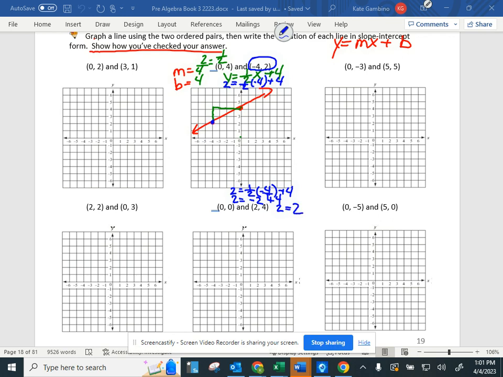That's all you have to do is to show me how you checked it. You take the ordered pair that's not the y-intercept, plug in the x and the y into your slope-intercept form, and solve it. So I can see your y equals the other side.